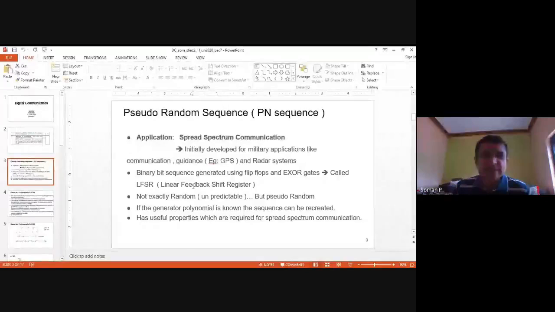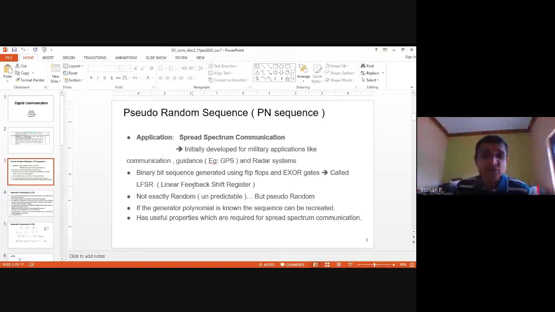So as I mentioned, it is a binary bit sequence generated using flip-flops and XOR gates. Basically, the basic concept that is used is something called LFSR, linear feedback shift register. So it consists of flip-flops and XOR gates. And this is actually not exactly random, but it is pseudo-random, because by seeing the circuit, you can actually predict the output sequence.